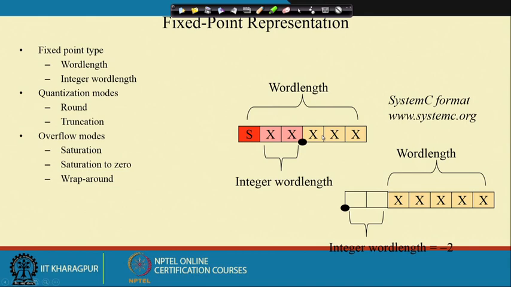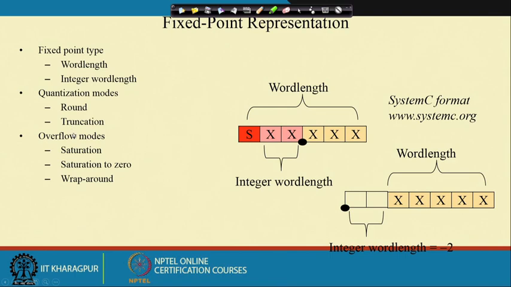Okay. So, we have already seen the weight of this particular position. In the quantization mode, whenever we do quantization, there may be two kinds of error, due to rounding or due to truncation.